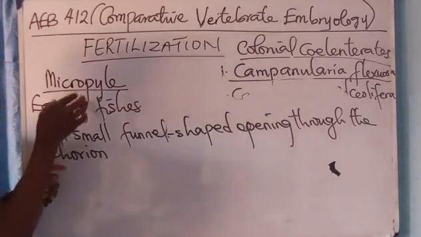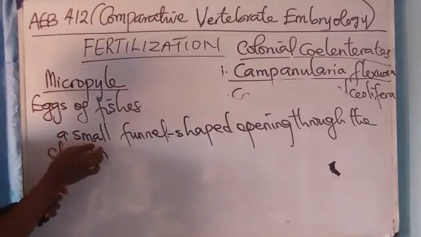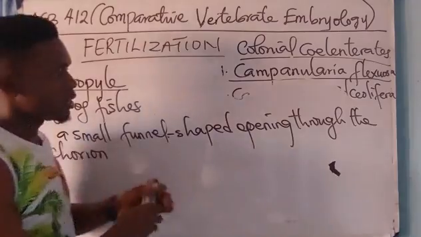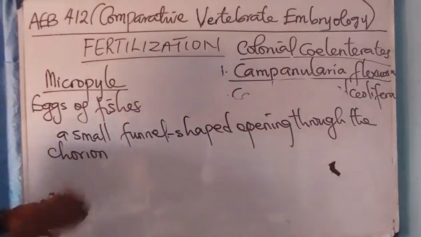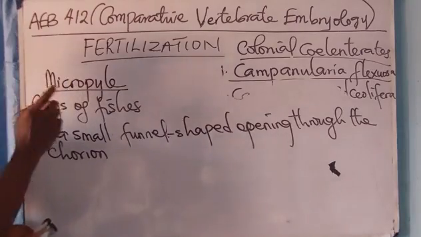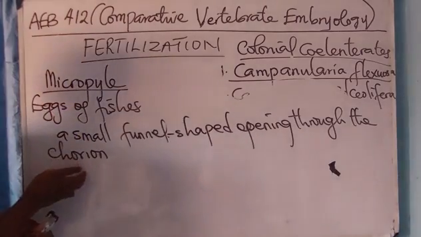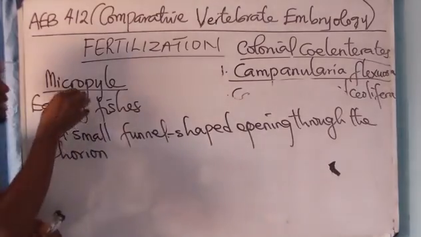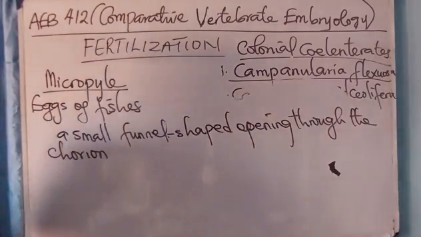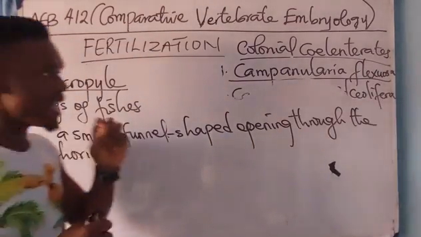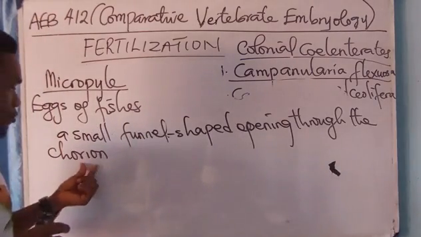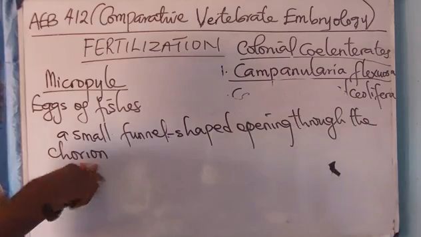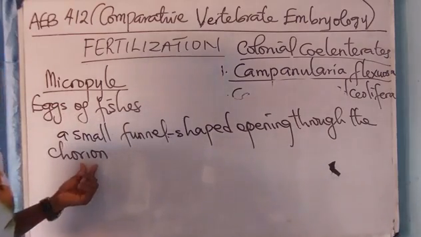Now, I said the micropyle is a small funnel-shaped opening through the chorion, which means it is through this micropyle that the sperm passes to meet the egg for what? Fertilization. Which means that when the chorion is removed from any egg bearing it, the sperm cannot penetrate and meet the egg for fertilization.